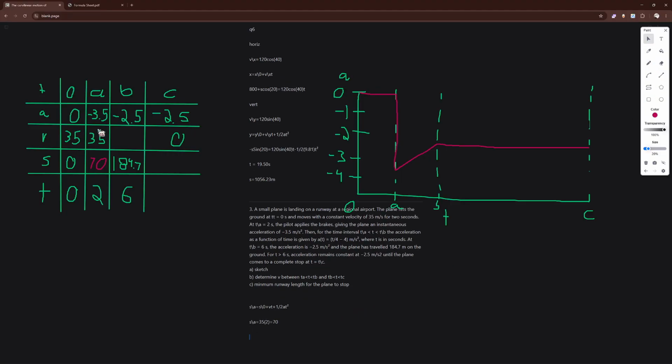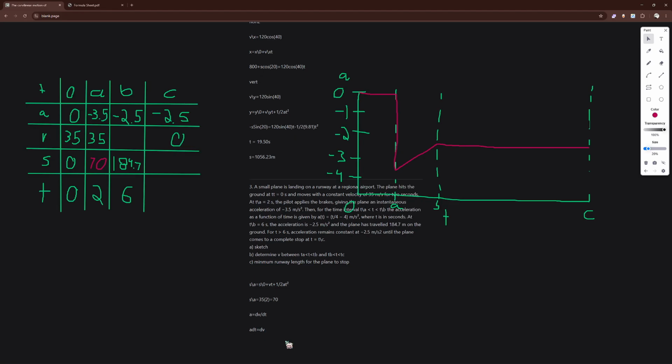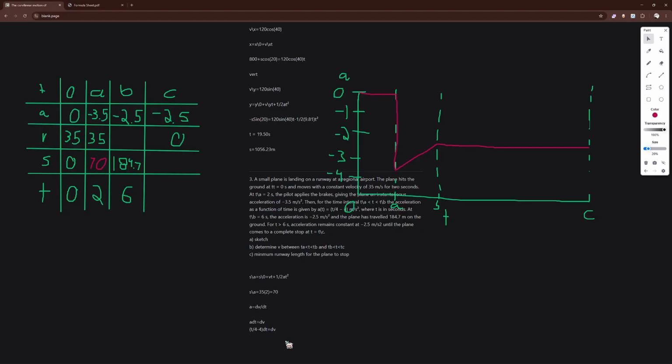Okay, now we need our velocity at B, which is easily calculated as well. We have our acceleration. How do you get to velocity? Well, we know that a is equal to dv/dt. So a dt is equal to dv. So we're just going to integrate t over 4 minus 4 dt equals dv. So do this integration: t squared over 8 minus 4t plus c equals v.